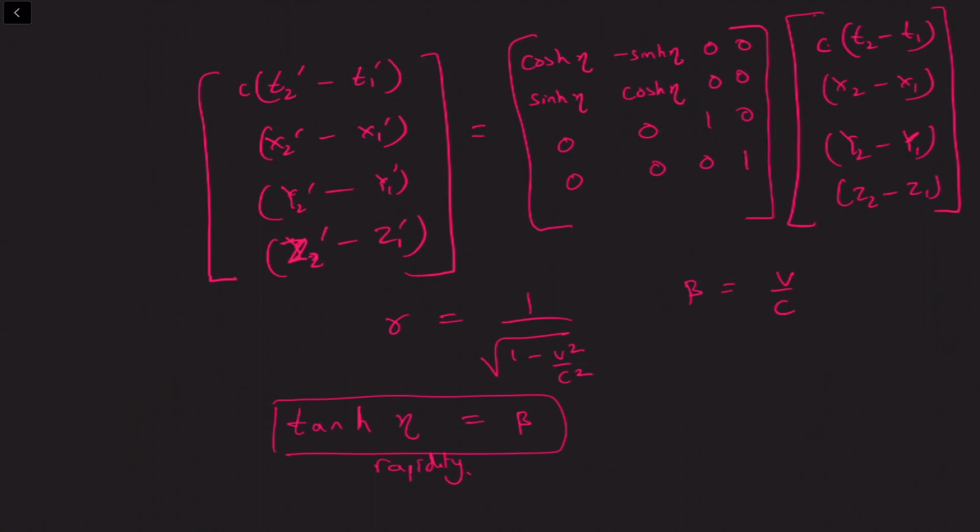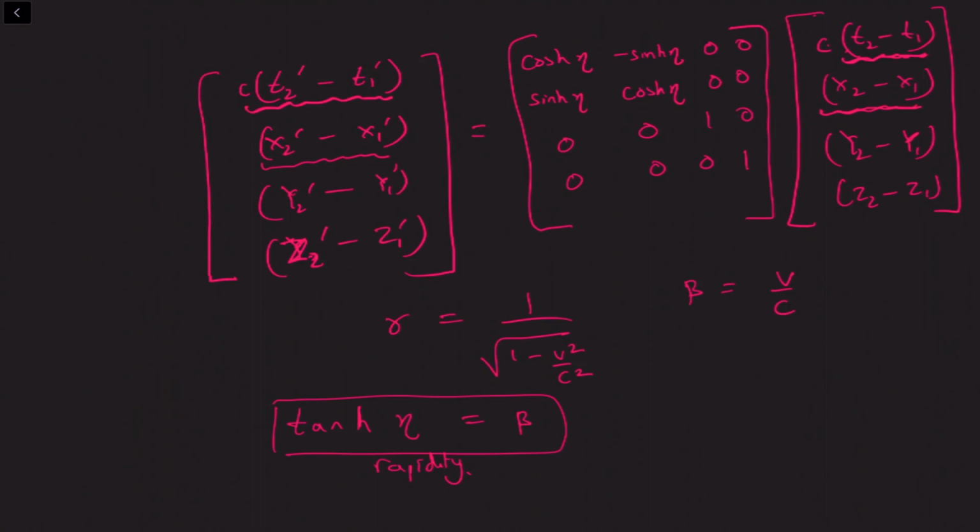Now clearly this dictionary tells us that time intervals change because the time interval t2 prime minus t1 prime is related not just to the time interval t2 minus t1, but it also depends on the spatial separation x2 minus x1. And similarly, the spatial separation x2 prime minus x1 prime depends both on the time interval of separation between those two spacetime points as well as the spatial separation of those two spacetime points as described by observer S.